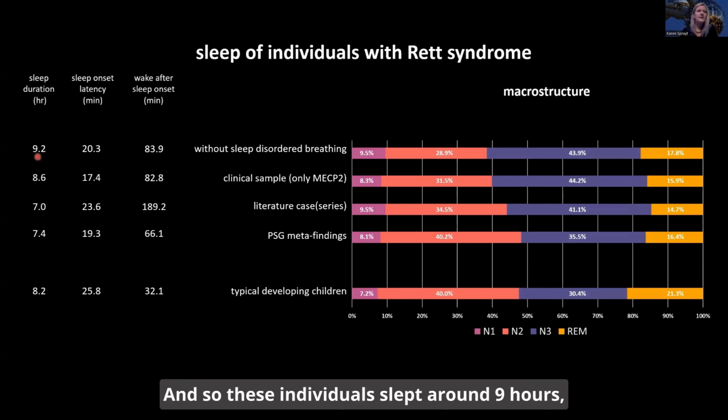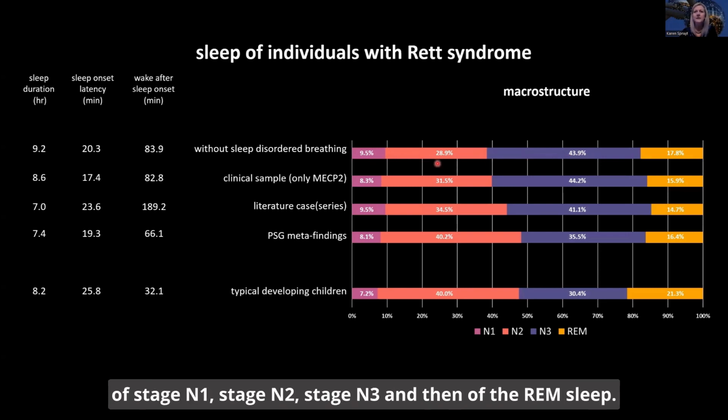And so these individuals slept around 9 hours, took about 20 minutes to fall asleep, and 83 minutes wake after sleep onset. And you can see here the sleep proportion again of stage N1, stage N2, stage N3, and then of the REM sleep.